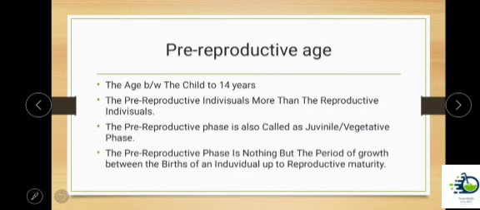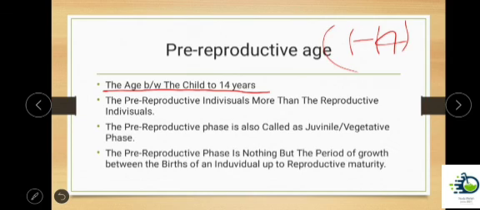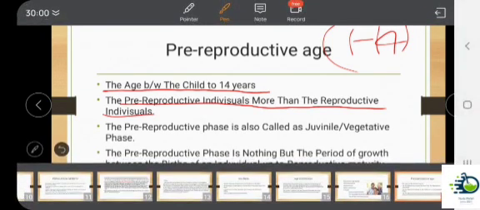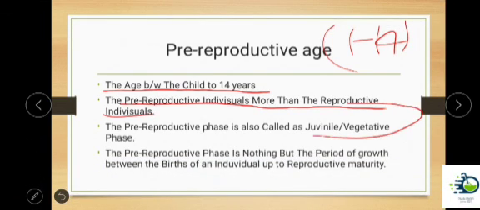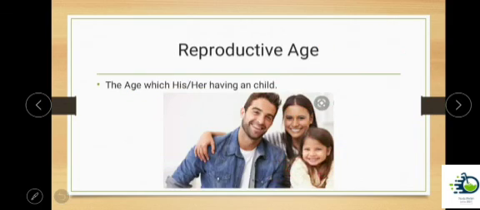Now, the pre-reproductive stage is the age from birth to 14 years. It is also called the juvenile or vegetative phase, the period of growth between the birth of an individual up to 14 years.